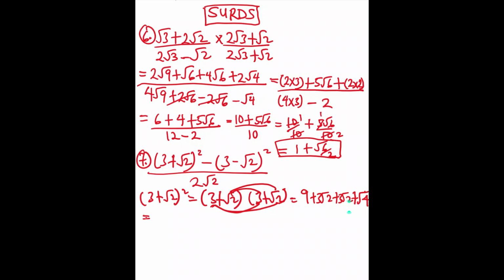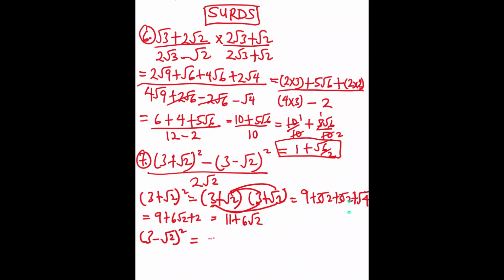Plus root 4, okay? And then when we add it up, that will be 9 plus 6 root 2 plus 2. That will be 11 plus 6 root 2, okay?